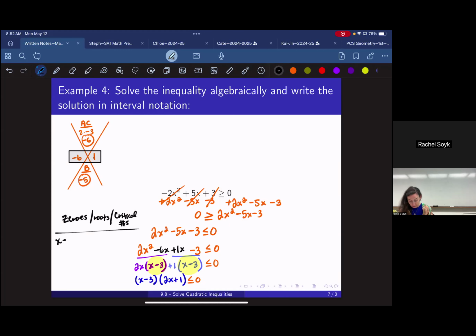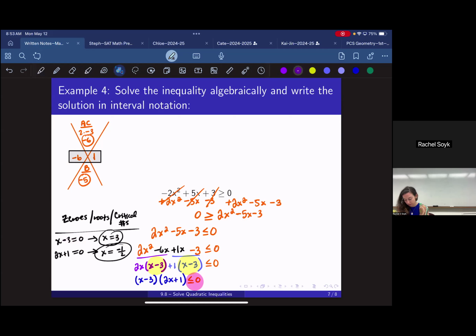We have x minus 3 set equal to 0, which tells us that our x equals 3. And then we have our 2x plus 1 set equal to 0, which tells us that subtract 1 from both sides, divide both sides by 2. So x is equal to negative 1/2. Because it is less than or equal to 0, we are going to have closed circles.